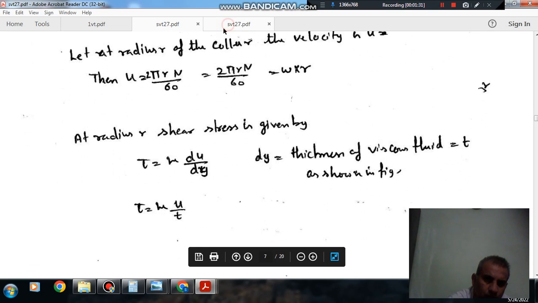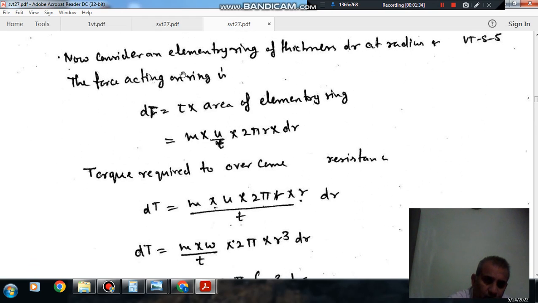Now consider a small element in the form of a ring of thickness dr at radius r, and the force acting on this ring is dF, given by tau into area of the element ring. The shear stress is mu into u by t, and the area of the ring element is 2 pi r into dr. Now this is your small force.